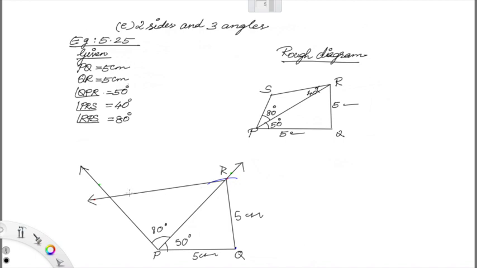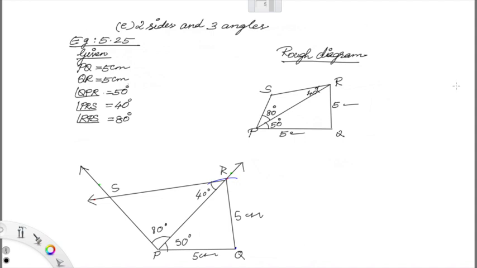The point of intersection is here, yes, right? And that is 40 degrees. Yes, clear? That's all. So here we complete the construction of the quadrilateral.